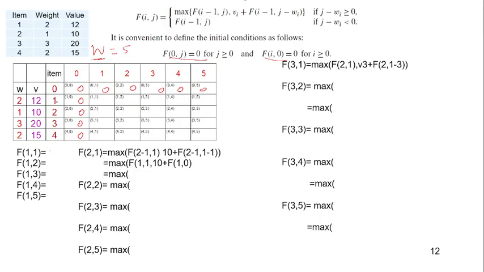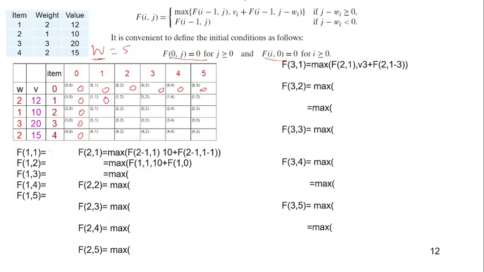Here, item 1, the weight is 2. So you cannot include the first item, because the weight of this item is 2 but the weight to be considered is 1. So put 0.